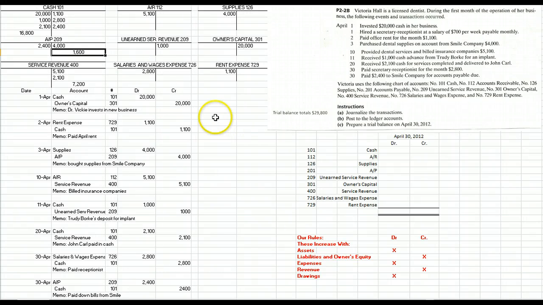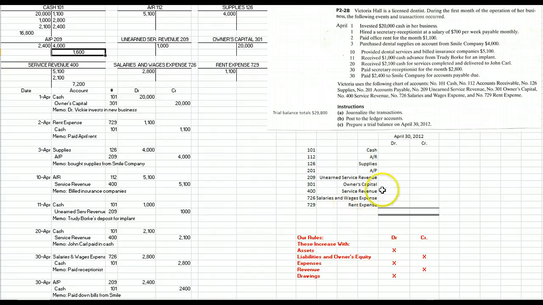To create our trial balance, all we have to do is move the balances in these 9 accounts over to this list, and remember, they're always listed in the same order: assets, liabilities, owner's equity, revenue, and expense.